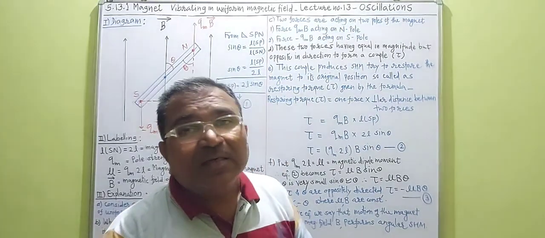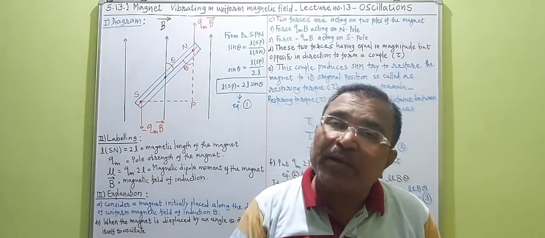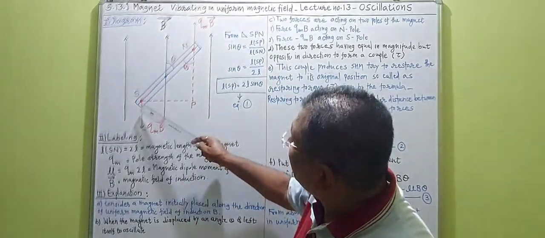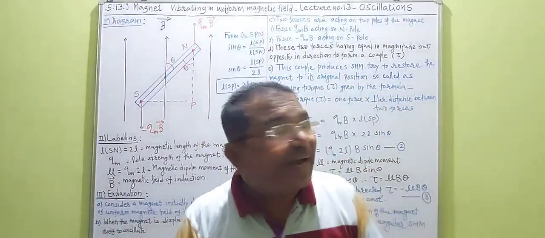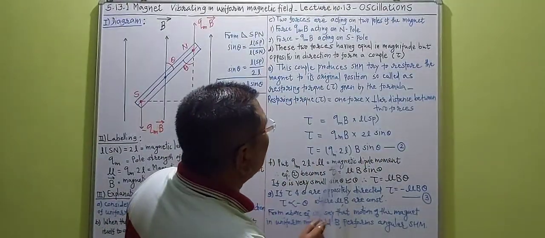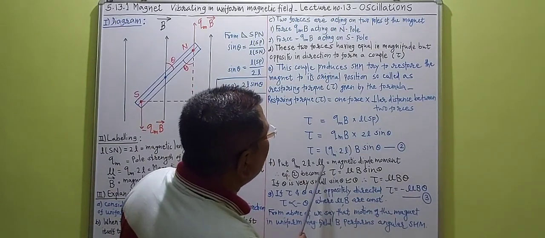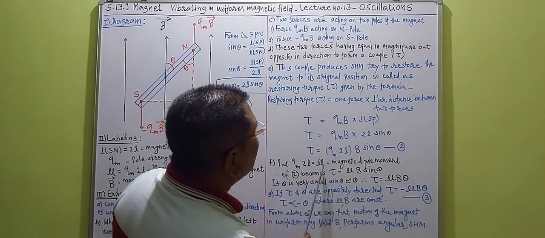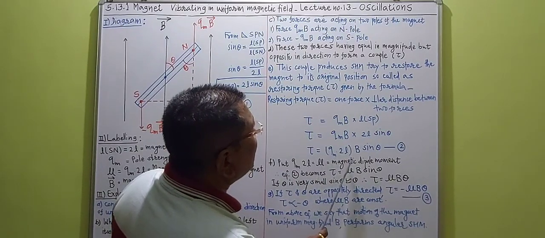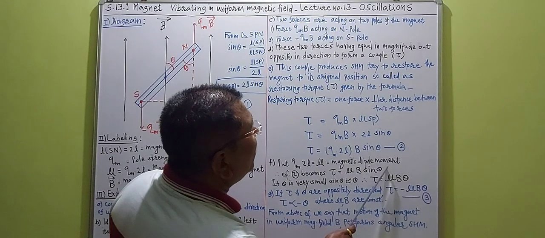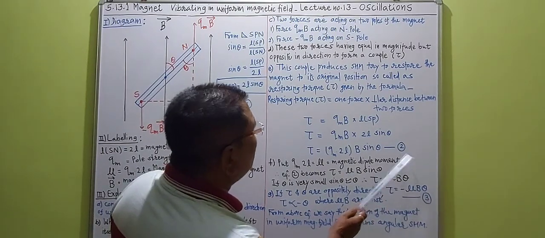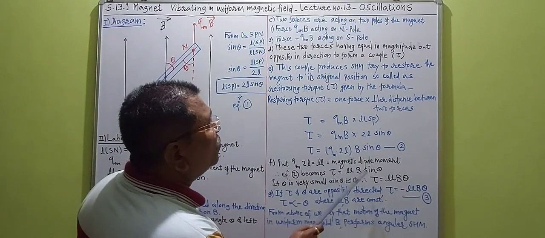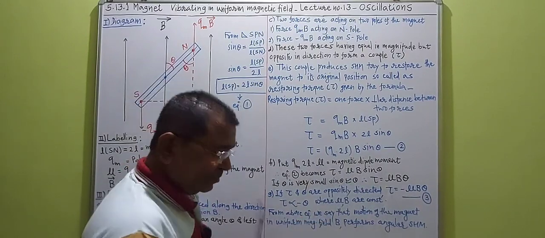Remember well, the magnetic dipole moment is a vector quantity directed from south pole to north pole, and it is denoted by mu. By putting Qm into 2L equal to mu, the magnetic dipole moment, in equation 2 we get tau is equal to mu B sin theta.